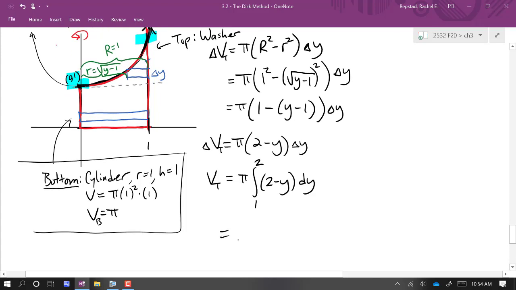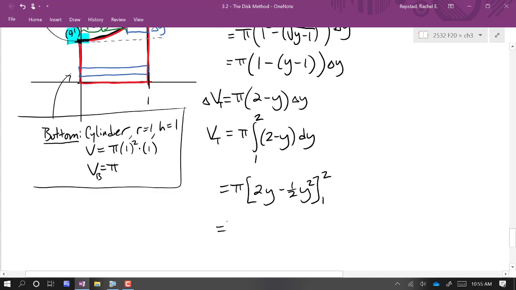Now we're almost done. We're going to integrate this with respect to y. We get 2y minus 1/2 y squared from 1 to 2. And now we'll just throw in our limits.